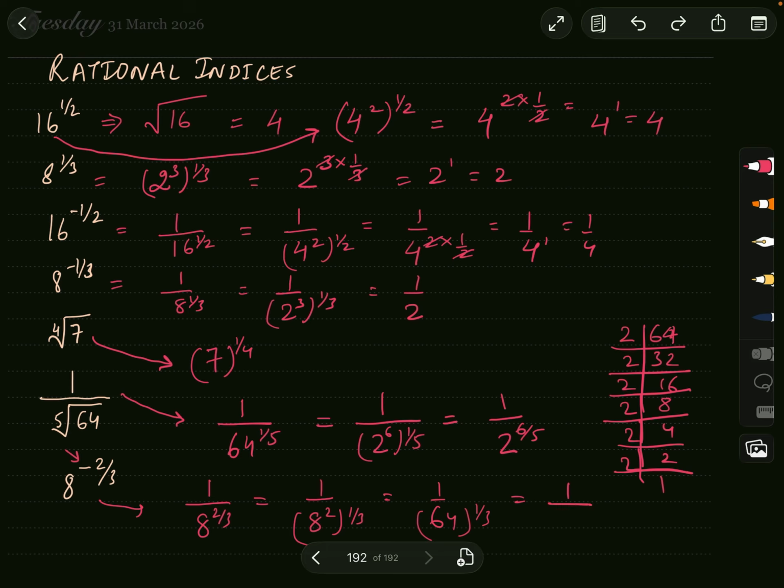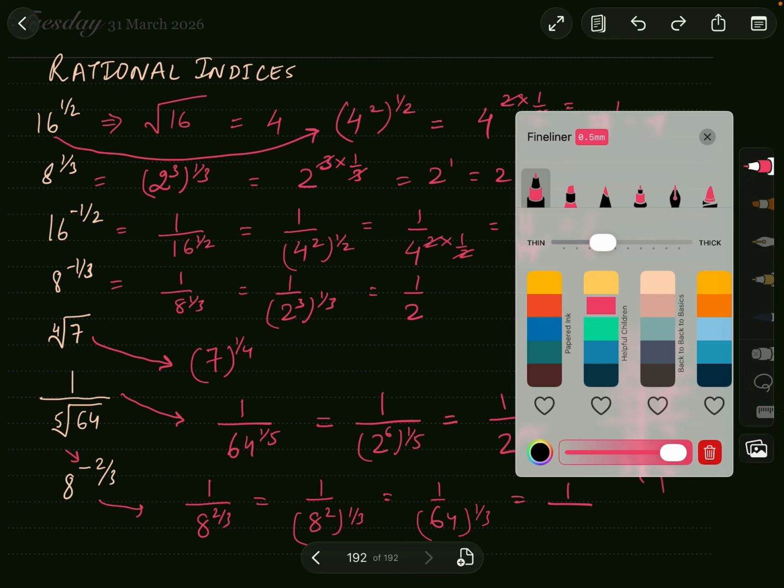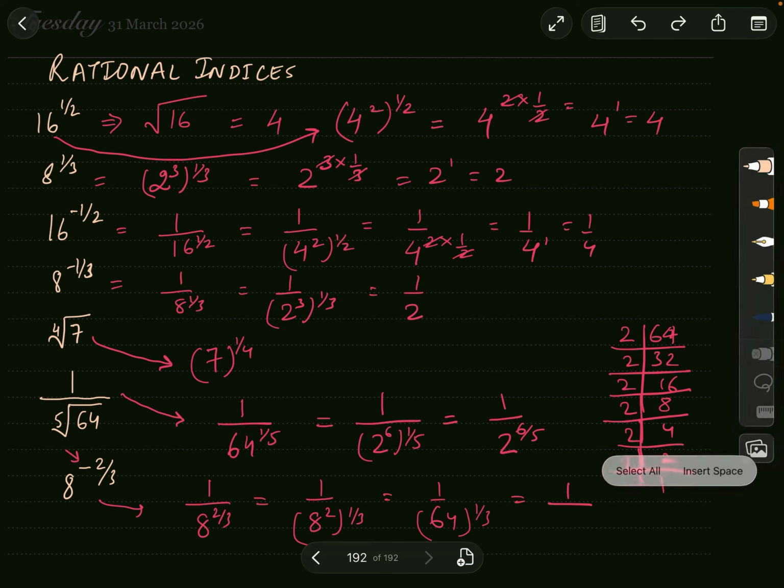1 upon 64. We also know that 64 can be split into 4 times 4 times 4, because if you multiply 4 times 4 times 4, you will get 64.